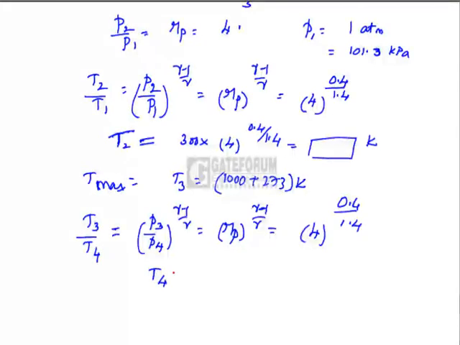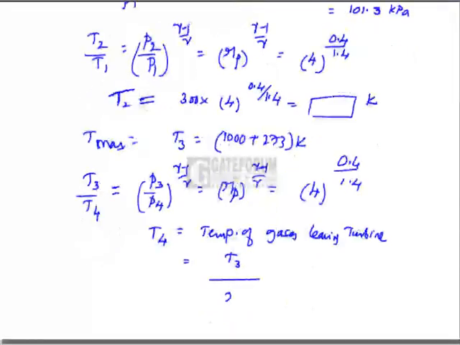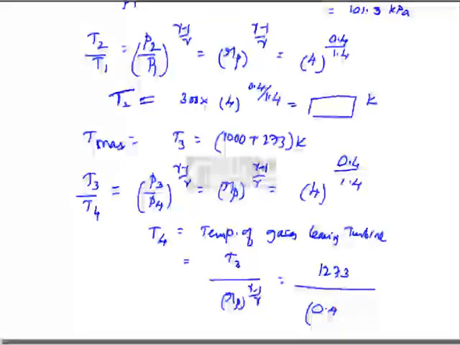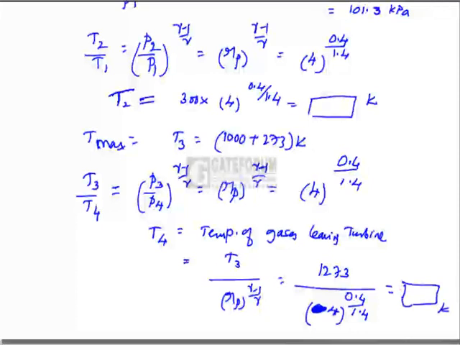The T4, the temperature of the gases leaving the turbine, can be calculated as T3 divided by Rp to the power of gamma minus 1 by gamma, that is 1273 divided by 4 to the power of 0.4 divided by 1.4, from which T4 can be calculated in Kelvin.